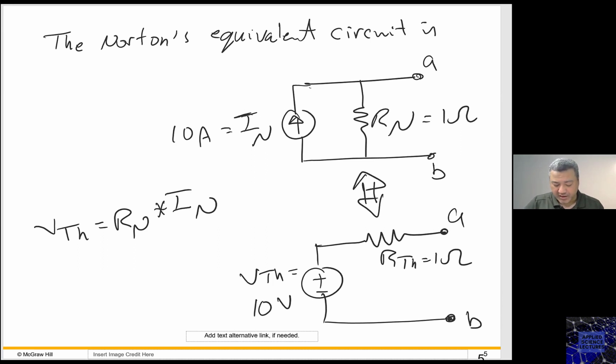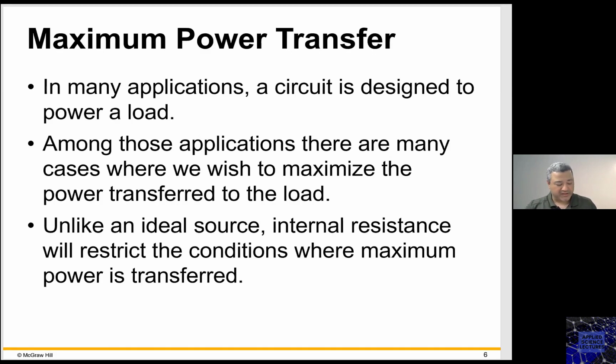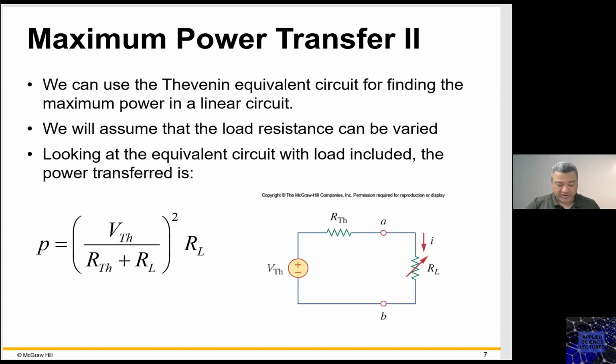And this is my output that I would like to hook up a load to. So in order to maximize that power that will be delivered to this load, the condition to have a maximum power delivered to the load is to choose the load such that this load is equivalent to R Thevenin.